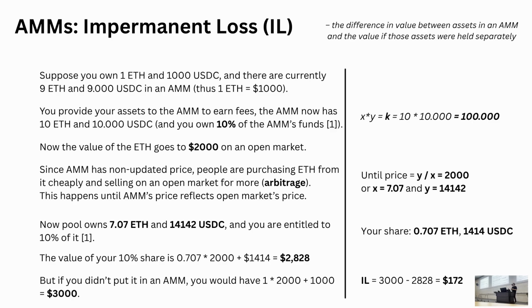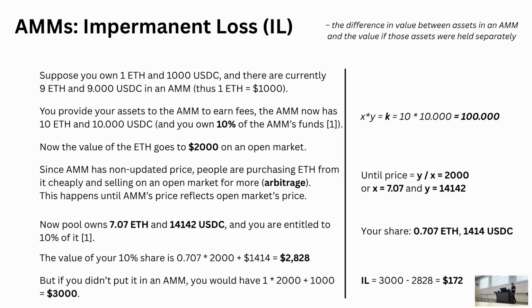Let's say that you own 1 ETH and 1,000 USDC. And currently in the AMM, there are 9 ETH and 9,000 USDC. Therefore, 1 ETH is worth $1,000 in this example. Now suppose that you provide your assets into the AMM.